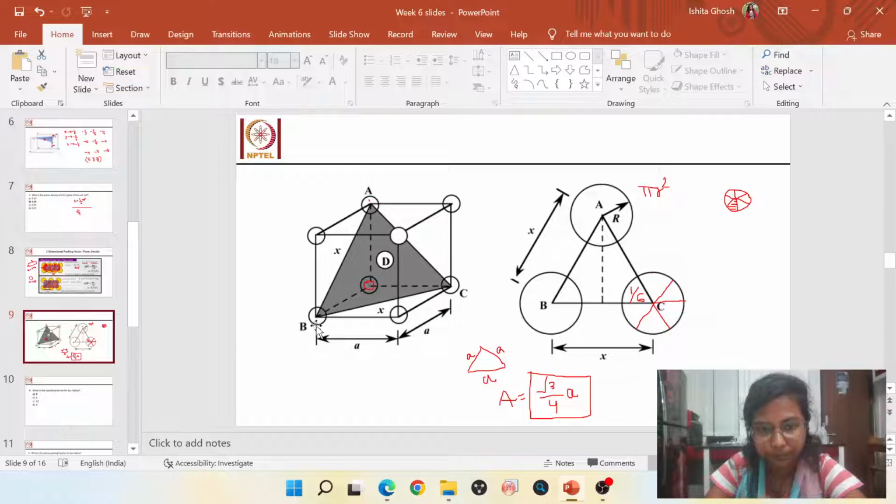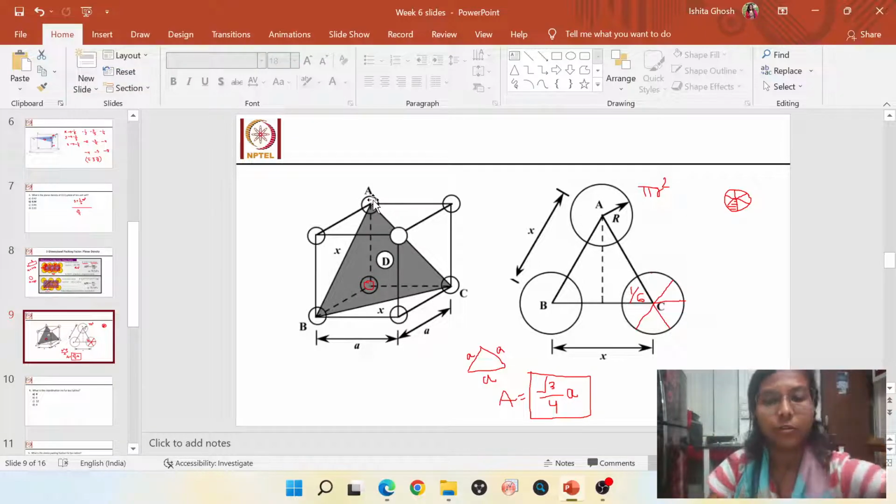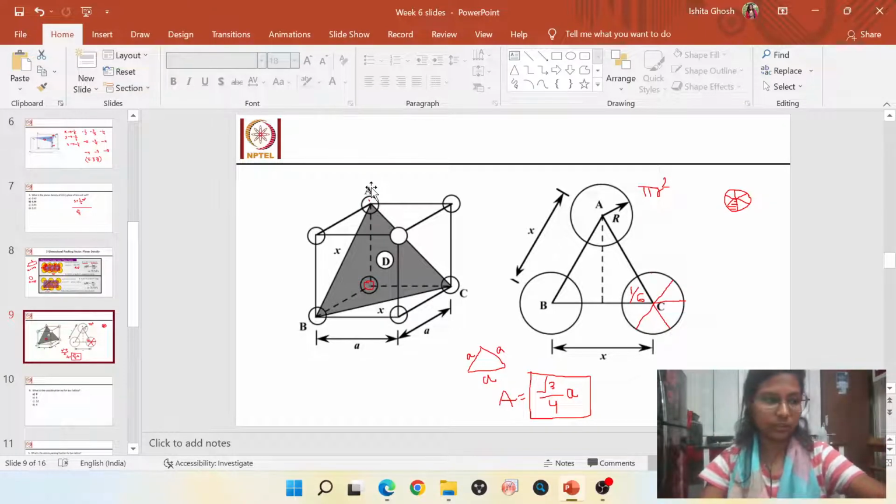A is my, one second, yeah, so A is my this thing, the length of the edge. Okay, the A is the length of the edge of an equilateral triangle.